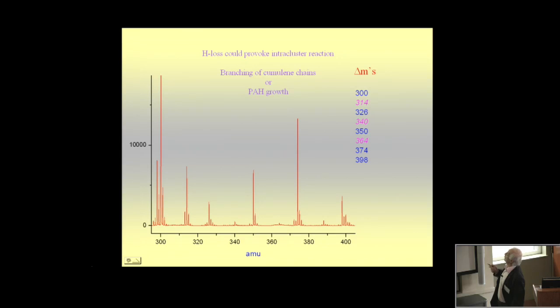If you look at the mass differences, you see this is a methylated coronene, methyl coronene. But otherwise, you see 26, 24, 24, 24. 24 is 2 carbon atoms. 26 is with 2 hydrogens as well.